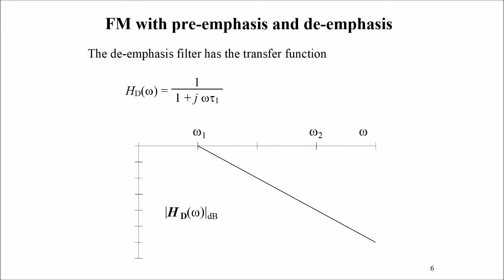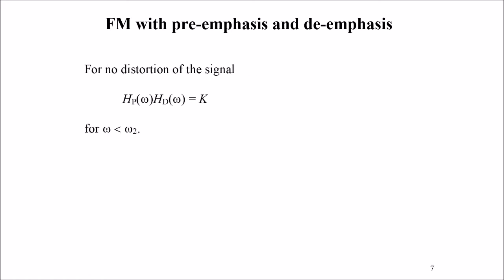And the de-emphasis filter has a transfer function 1 over 1 plus j omega tau 1, and that would give us the corner frequency omega 1, where the curve breaks downward at 20 dB per decade. And so the result is that the corner frequencies counter each other when you have the de-emphasis filter following the pre-emphasis filter.